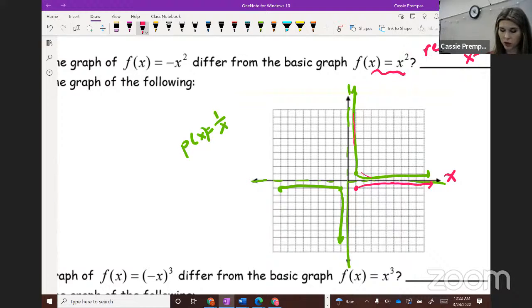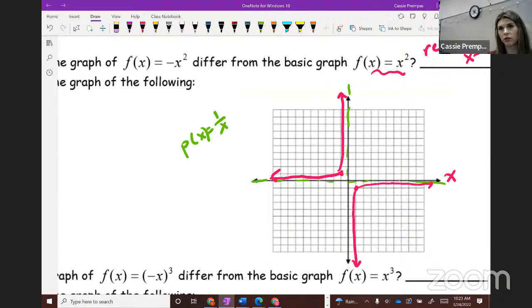And all of these points which are approaching positive infinity are now going to be approaching negative infinity. Really, they're reflected over the x-axis. And then same with the other way. If I reflect this point up, then it's going to reflect up here as well. Now I can erase the parent graph because it's not part of my answer, but I do want to visually see that shift.